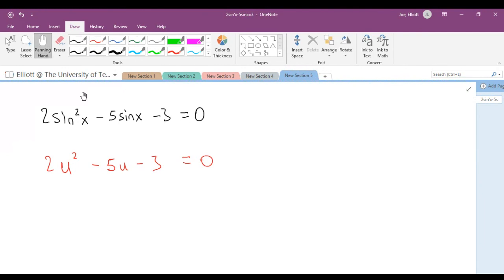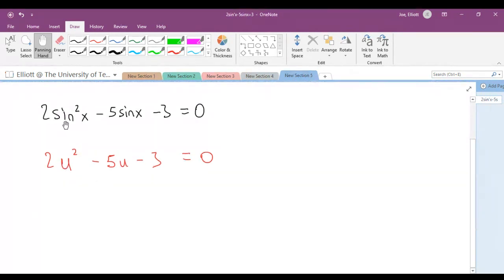So here, instead of writing sine, I'm just going to pretend that was just some variable u. And then sine squared would have been u squared. So for the moment, you can pretend this is what you had. How would you factor this quadratic here?